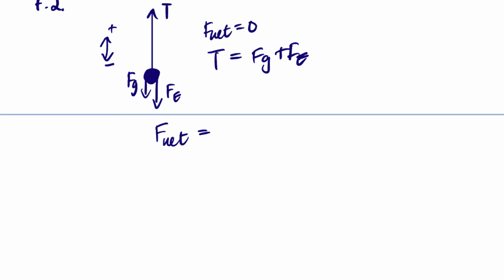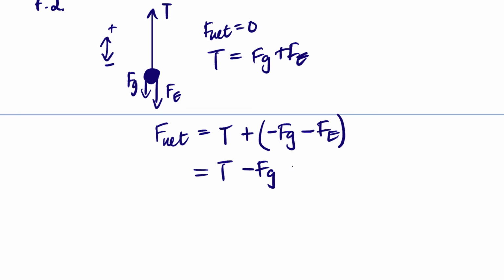So your F net is equal to tension, that is positive, plus the Fg, that is negative, minus the electrostatic force, that is negative, because they are going down. I hope that makes sense.